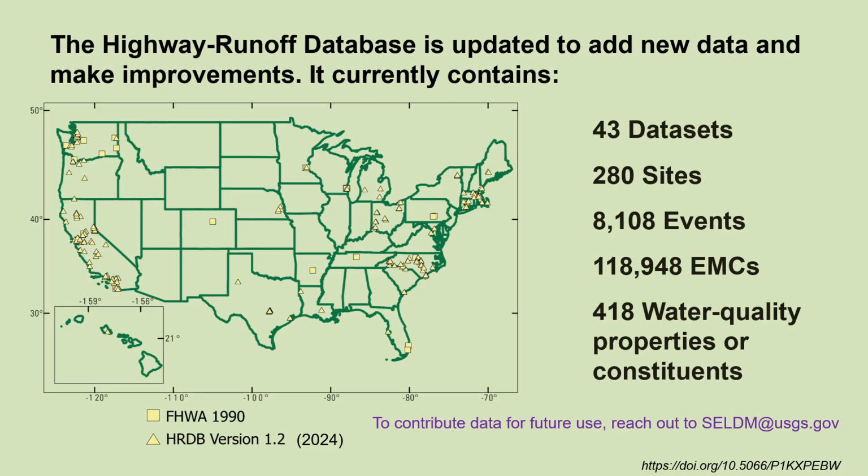But you can see here we have 280 sites represented in the database. Those are from 43 data sets, and this amounts to nearly 120,000 event mean concentrations in this highway runoff database.